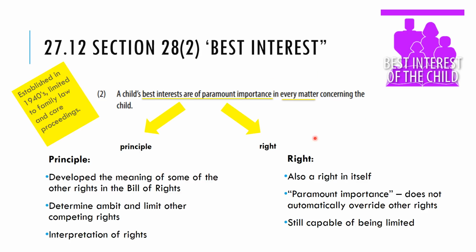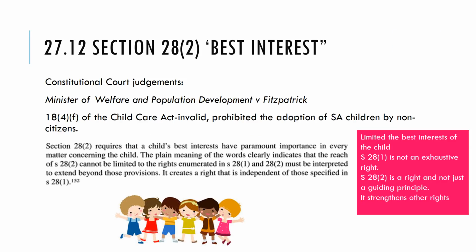But when a case, any kind of case of a child right, is before a court, it should also always consider the best interests of the child. In the case of Minister of Welfare and Population Development versus Fitzpatrick, the case was about allowing non-South African citizens to adopt South African children.